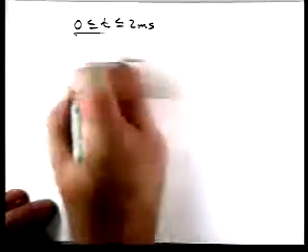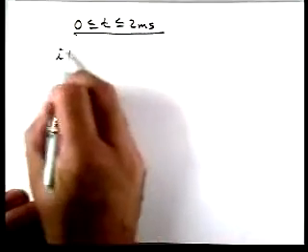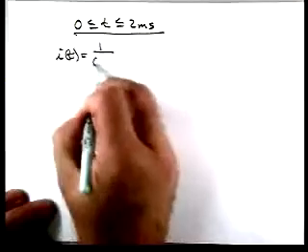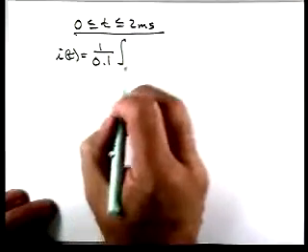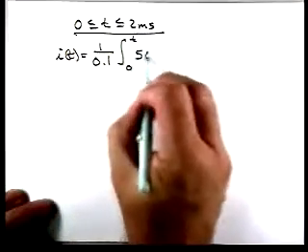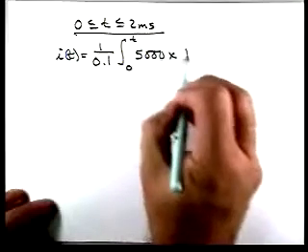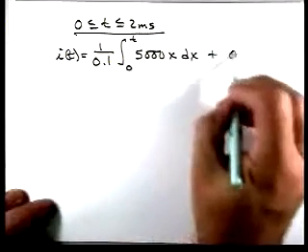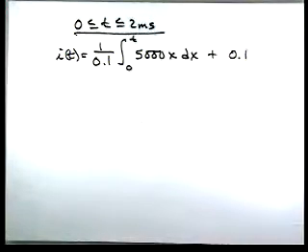Now, let's look at what happens to the current over the interval from 0 to 2 milliseconds. We have i of t equals 1 over L, which is 1 over 0.1, integral from 0 to t, 5,000 x dx, plus our initial value of 0.1.